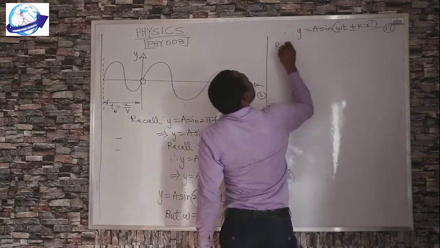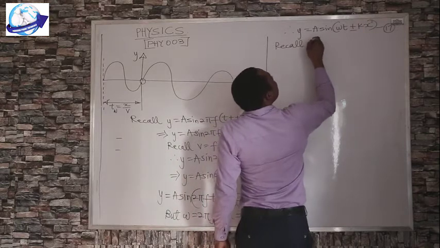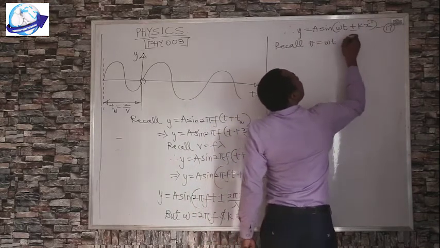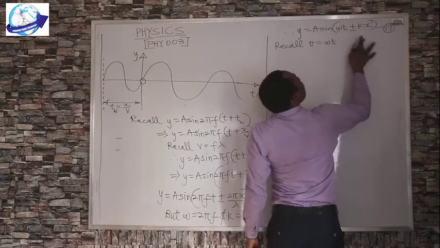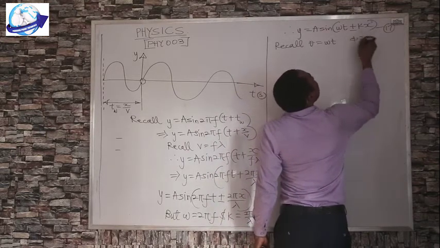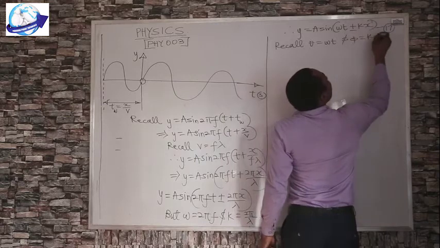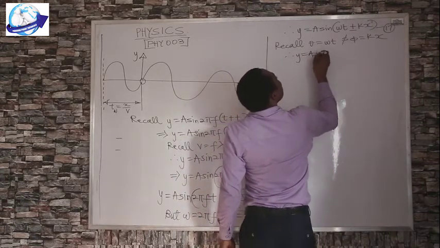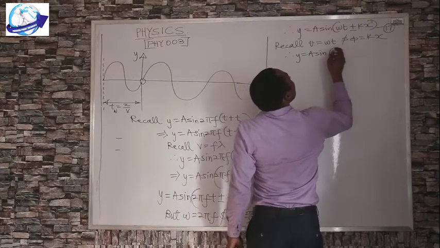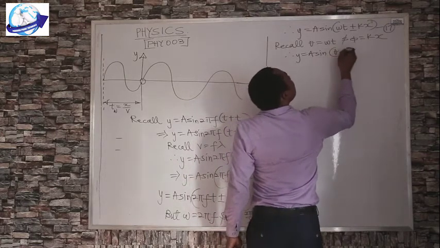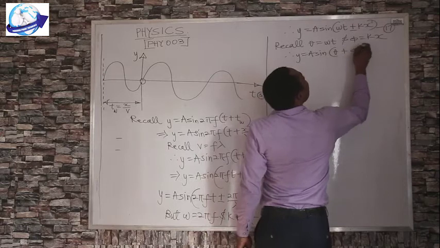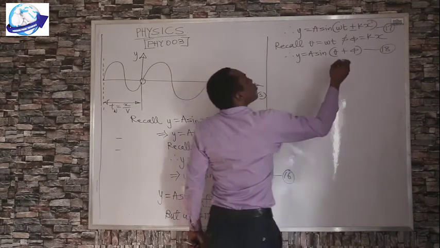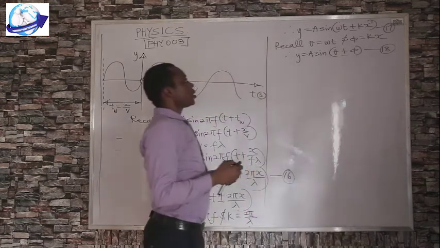Recall again that theta is equal to omega t, and that our kx, or our phi, is equal to kx. Therefore, y is equal to a sine open bracket theta plus or minus phi. This is equation 18.